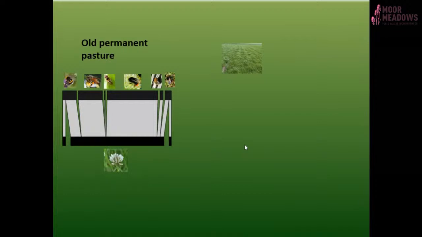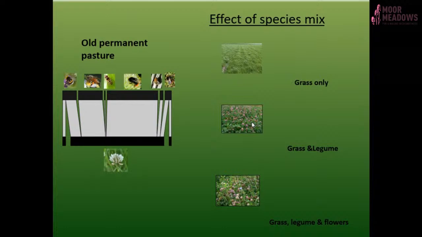What it shows on the bottom line is the plant species, and the top line, the number of pollinator species. For simplicity's sake here, and this is from genuine data gained by my colleagues, there are 3 species along the bottom, and there are 1, 2, 3, 4, 5, 6 species along the top in an old permanent pasture.